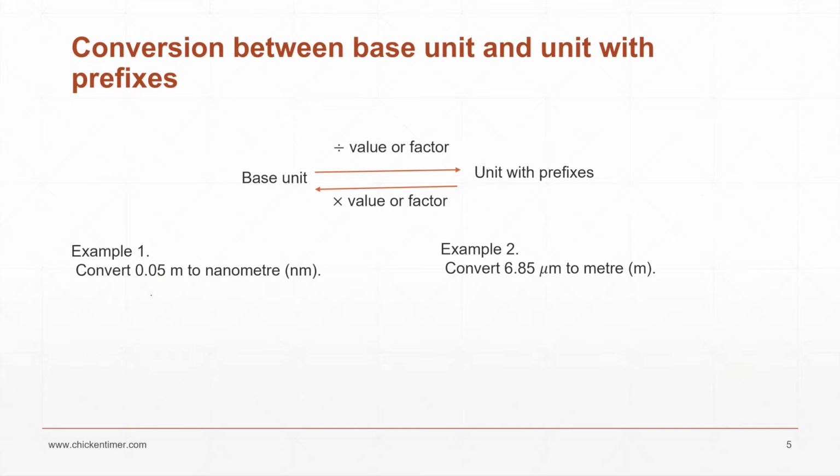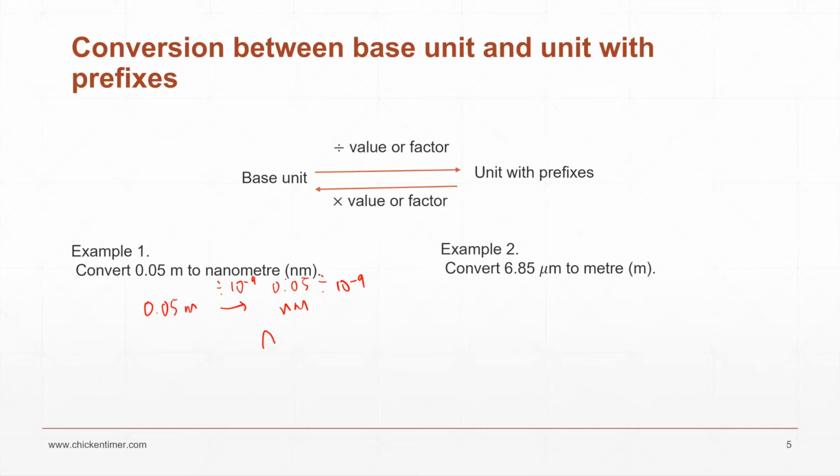For example, you want to convert from 0.05 meters to nanometers. What you do is you just divide by the nano, which is 10 to the power minus 9. Then you get your answer.